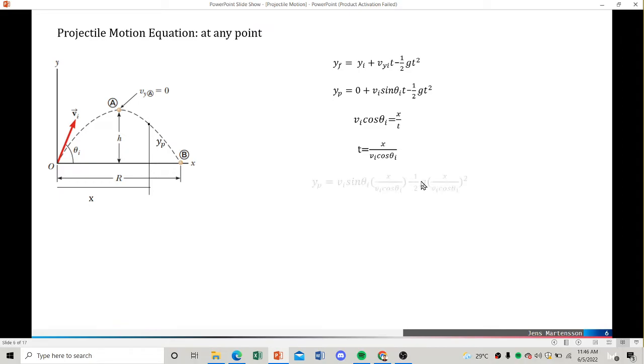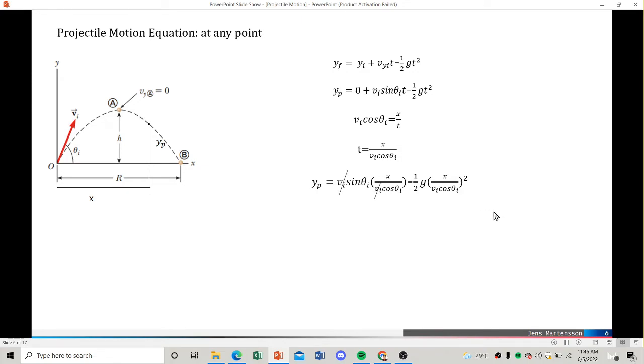So now, substitute the time from this equation. That is, we have this vy t, no? So that is vi sine theta i times x over vi cosine theta i minus 1/2 g. So our t squared here is x over vi cosine theta i squared. Okay?